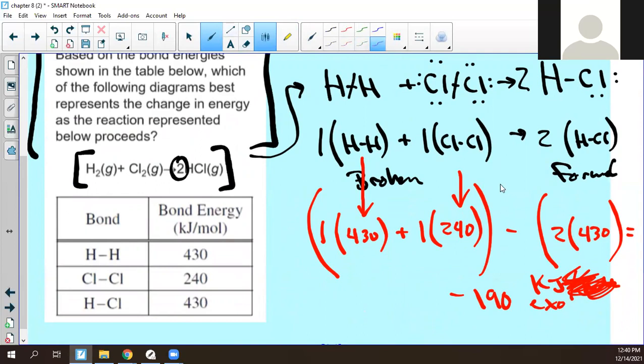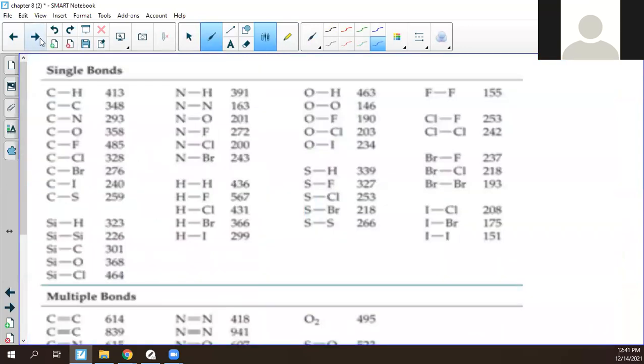They are adding, but this number is a negative. So just go broken minus formed. That usually will help you not mess up the sign. That's why they had it up there, and if you watch the video, that's why you see it that way. Okay, are we all right so far? This is just a little application of math, what we've been doing.